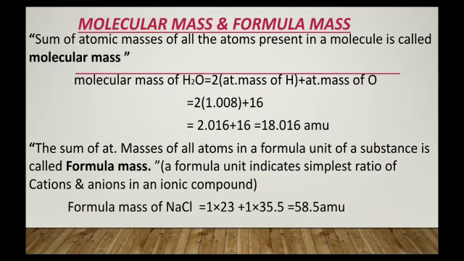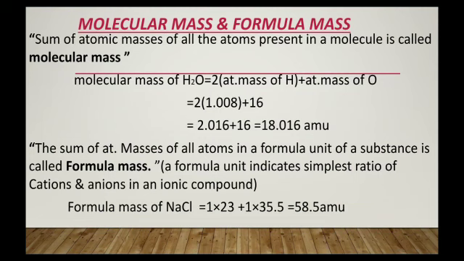If we want to calculate the mass of a molecule, we add the masses of the atoms present in that molecule. So, the sum of atomic masses of all the atoms present in a molecule is called the molecular mass. The atomic masses of the atoms are known to us and they are given in the periodic table.